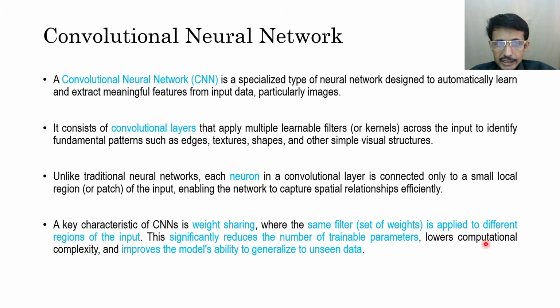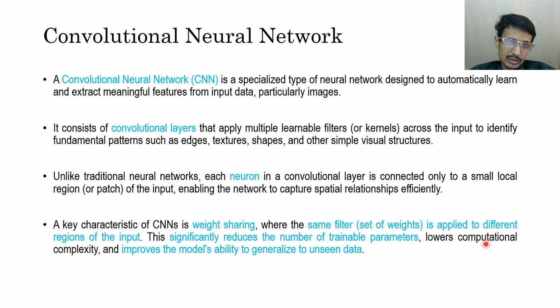So if we use a small local region, you can put a particular kernel. There is a chance of homogeneous patches to find out the shapes, edges, and structures. So this kind of architecture enables the network to capture spatial relations.